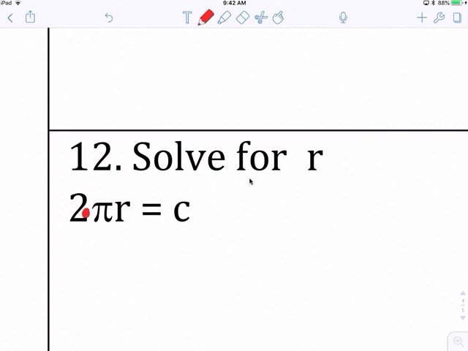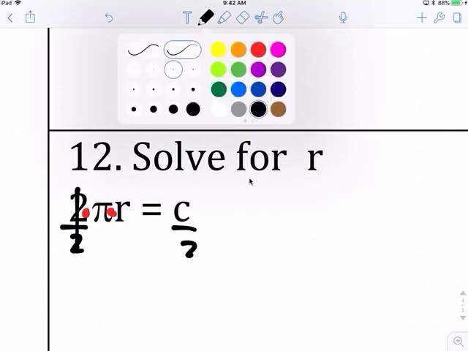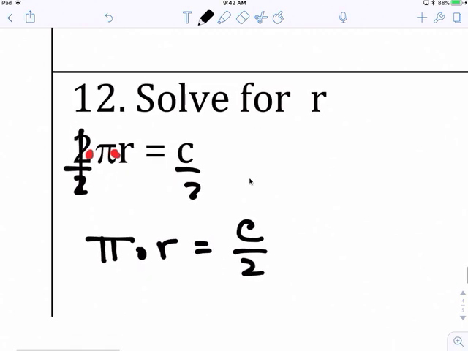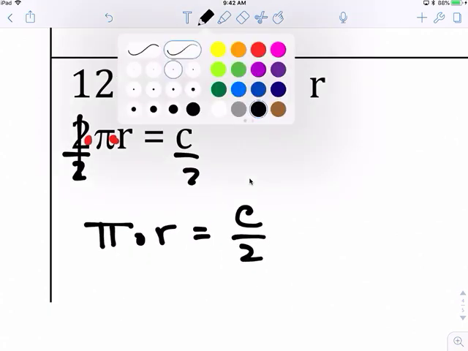Okay, these are times, so you're going to have to divide. Let's first divide by 2. You get pi times R equals C over 2. And then you have to divide again by pi.